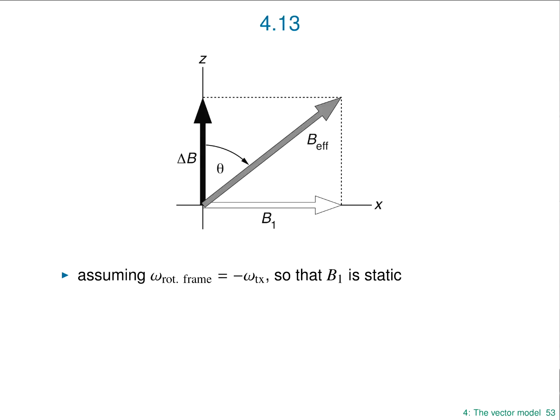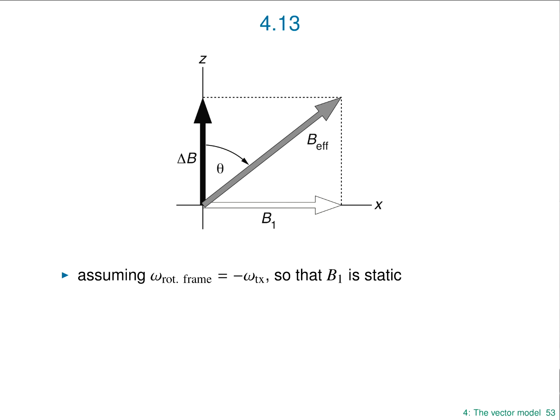So this is the picture of what you've actually now got in the rotating frame. You've got B1, that's the applied field, that's the small field that you applied along the x-axis. You've got delta B, which is this reduced field, that's the field which was originally the big field B naught, but has got smaller because you're in the rotating frame.